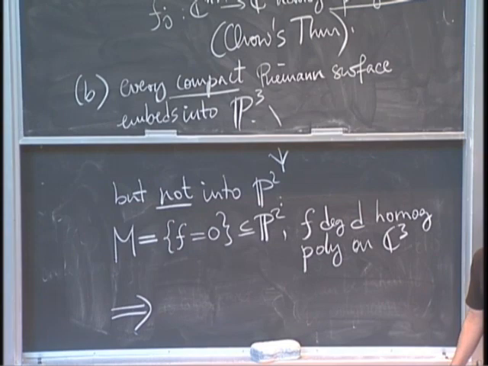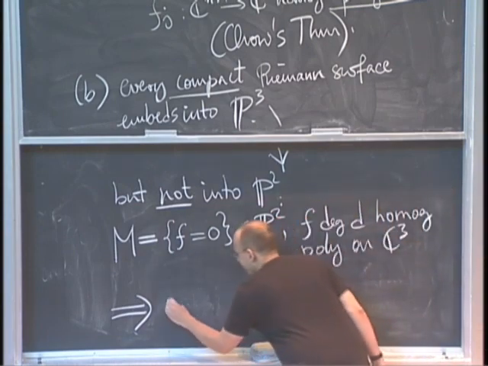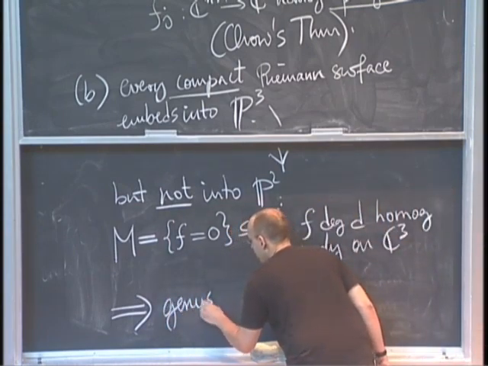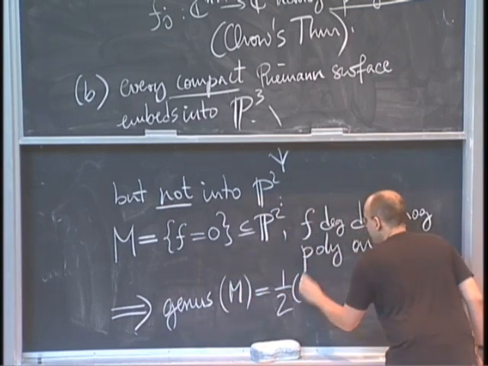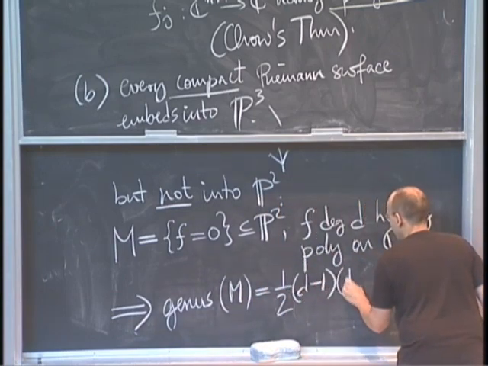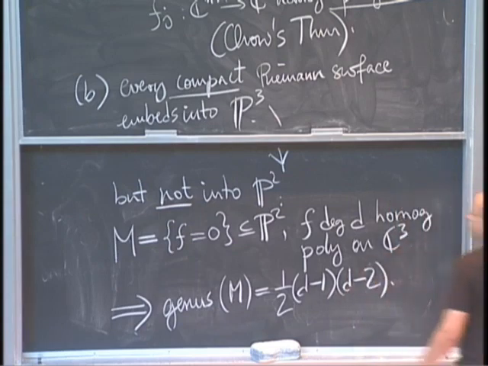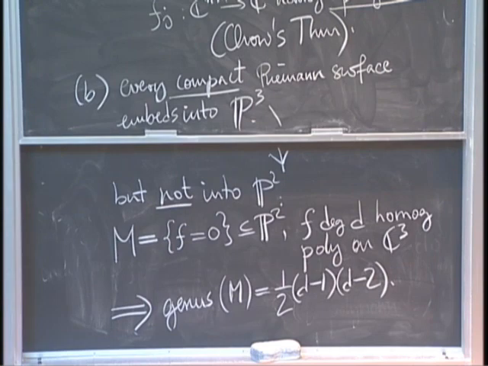There's something called the degree genus formula that tells you that the genus of M is 1/2 times d minus 1 times d minus 2. Not every integer is of this form, so not every compact Riemann surface maps into P2, but they all do map into P3.